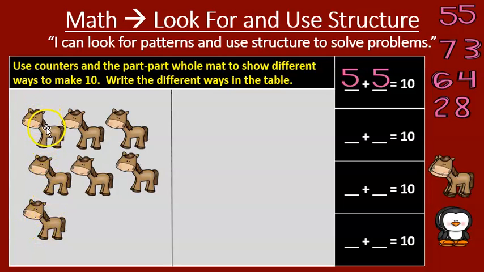Count with me. 1, 2, 3, 4, 5, 6, 7. So watch, boys and girls. I'm going to put 7 here because that's telling me I have 7 horses over here. Since we put 7 here, what number has to go here?